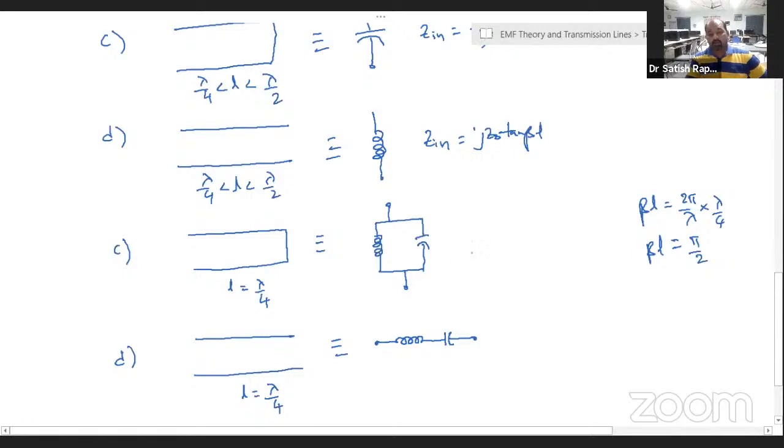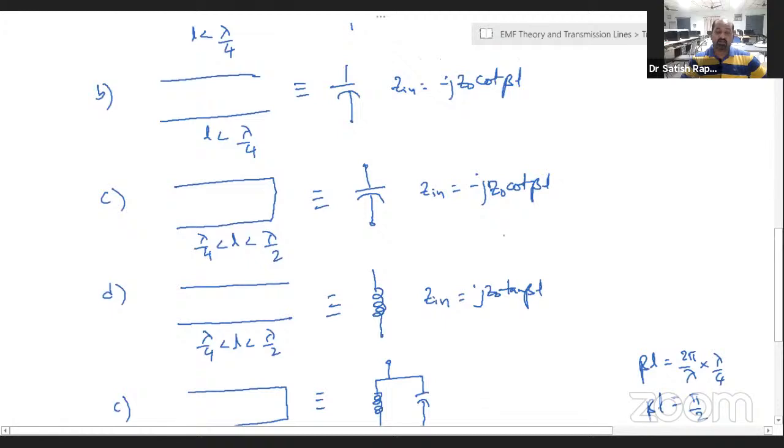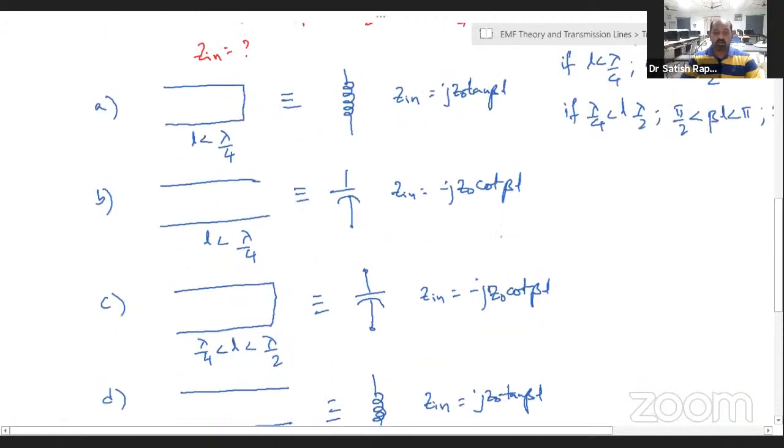So this is about the UHF lines as circuit elements, right? At ultra high frequency we are neglecting resistance and conductance G. We are not considering resistance and conductance elements, so we only consider inductance and capacitance.